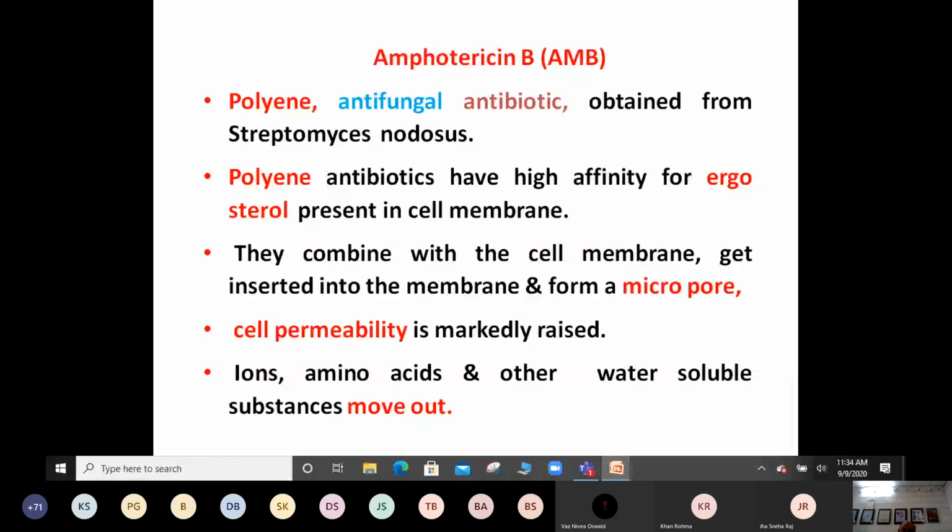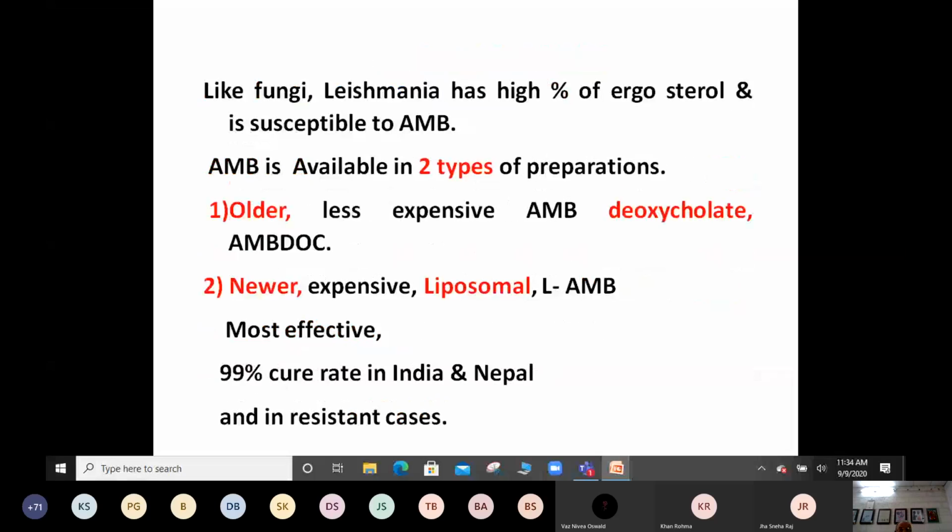And as a result, the parasite will die. It cannot survive. As I said, like fungi, Leishmania has a high percentage of ergosterol. That's why it is susceptible. The same thing: it will incorporate with the membrane, cause micropores, the contents will come out and the parasite will die.